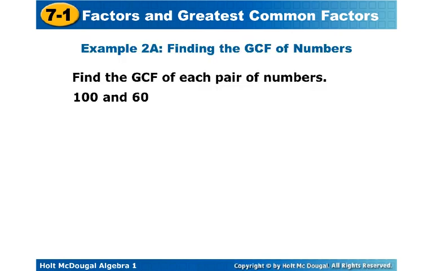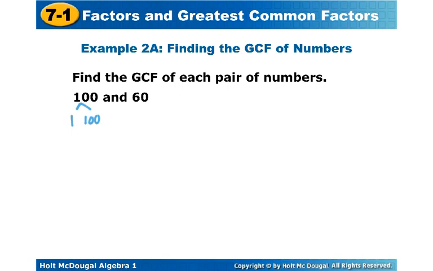So what we're going to do is find the GCF, or the greatest common factor, of a pair of numbers. When we're doing it, we want to list out our factors. So I'm first just going to start out with 100. So you have 1 and 100.